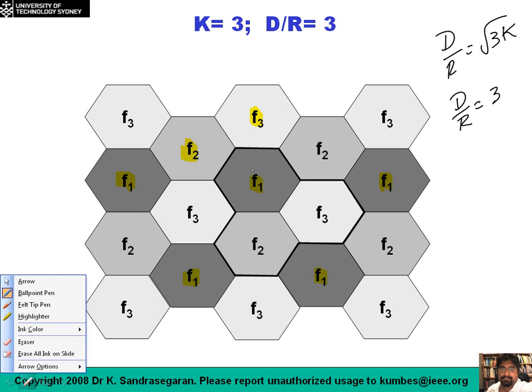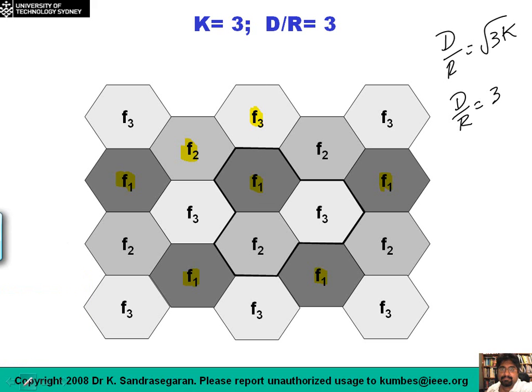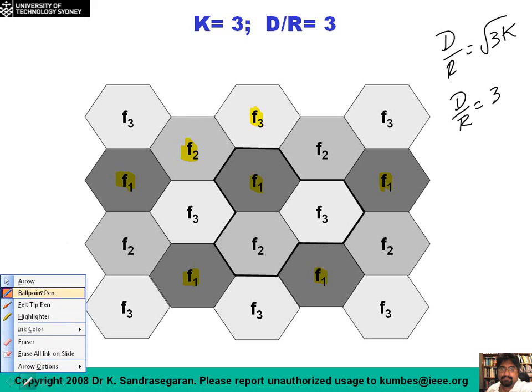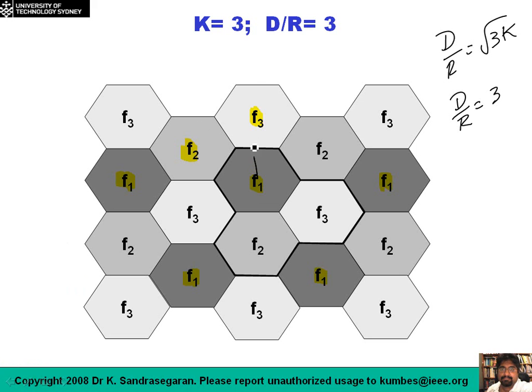If you look at this distance here, it represents the distance D at which you are reusing the frequency, and this distance here represents the radius of the cell. The ratio of the distance at which you are reusing the frequency F1 to the radius of the cell is given by square root of 3K, and in this case is 3.